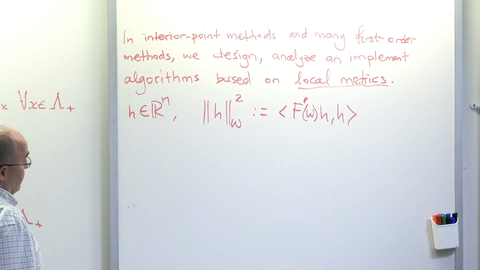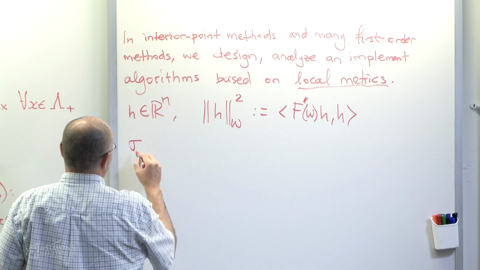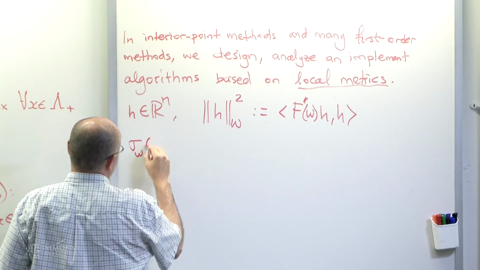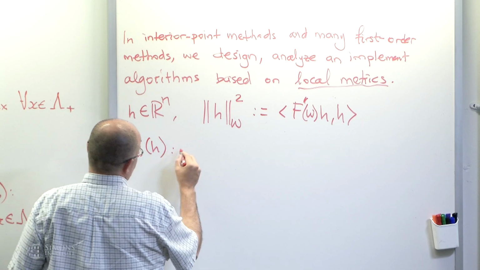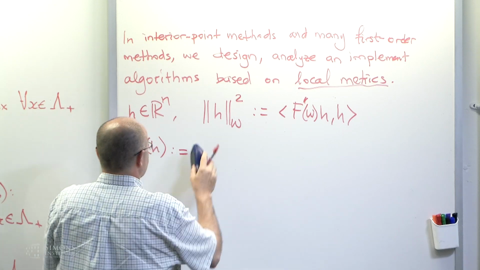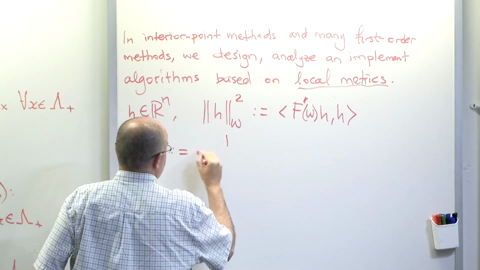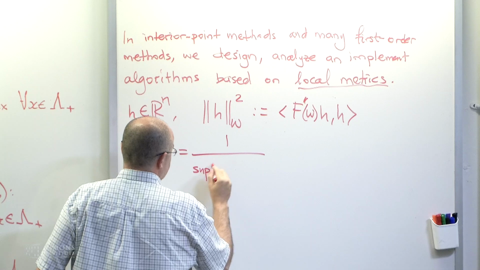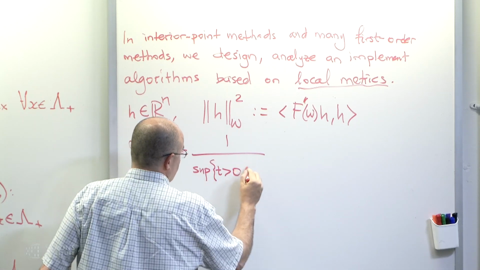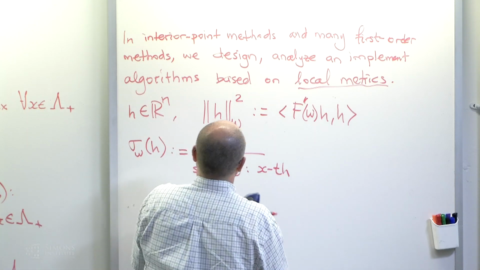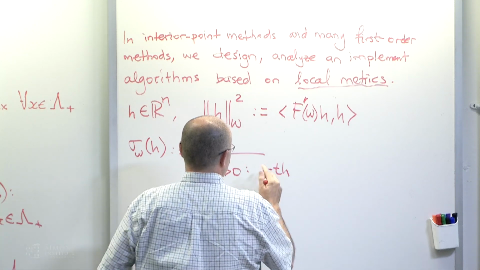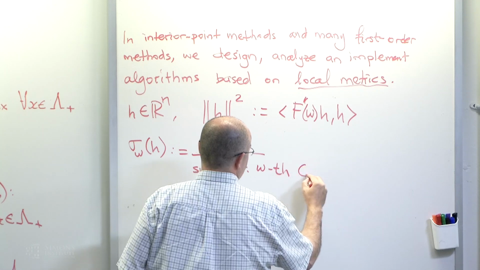So this is one definition, and there's another definition that we should have. This is the Minkowski function, again measuring how big H is. One way to define this is as taking the, there are many ways of writing it, this is what I like: the sup of t such that W minus tH is in the cone.